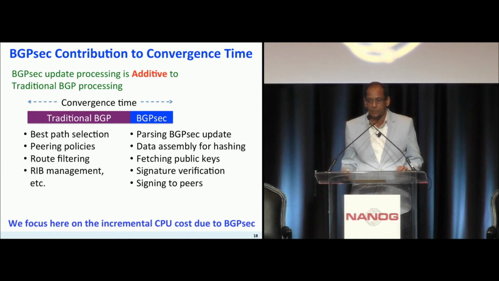The traditional BGP processing includes best path selection, implementing peering policies, route filtering, RIB management, etc. The BGPsec, the additive part of it, as Mehmet has already gone through, includes parsing the BGP update, data assembly for hashing, fetching public keys, signature verification, and signing to peers. So all these functions are additive to the traditional BGP processing, and we are going to focus on the incremental CPU cost due to BGPsec.